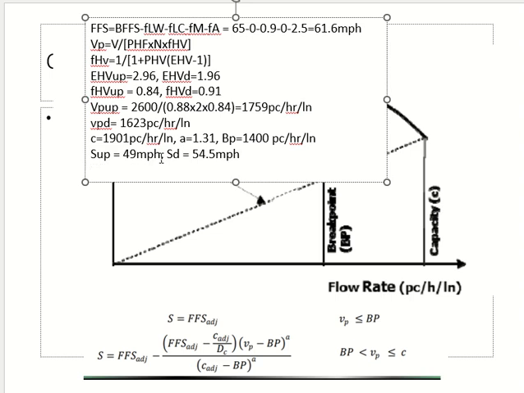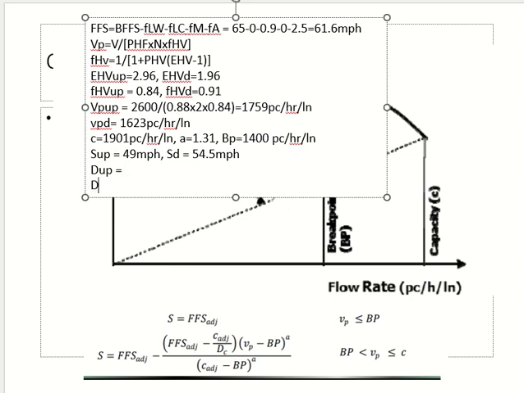Okay, then we can calculate the D value for up and down as well. It is flow upon speed. 29.8 for down.